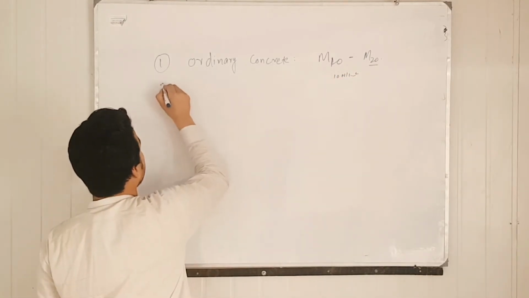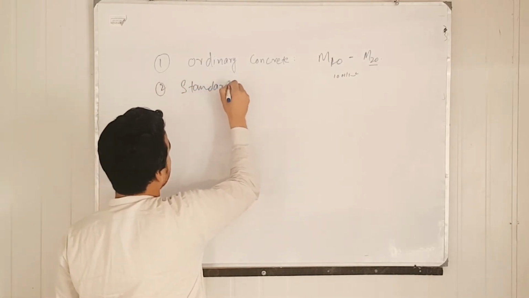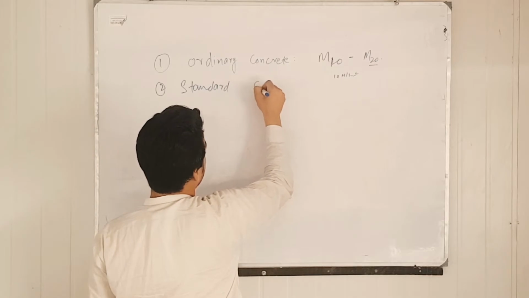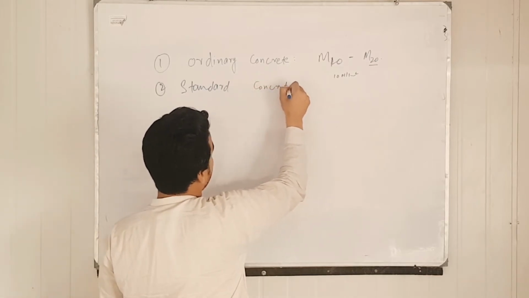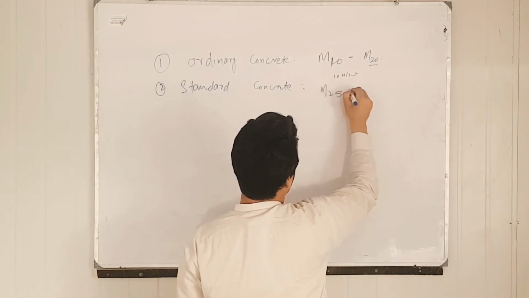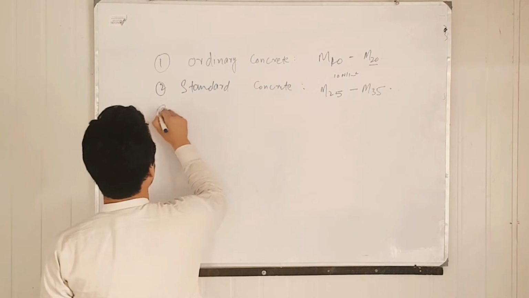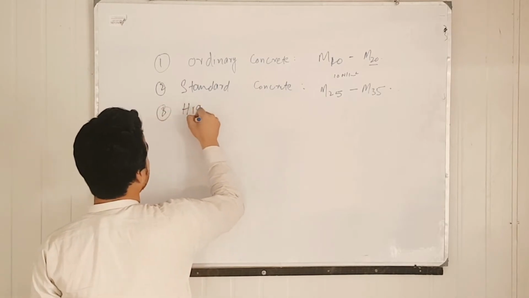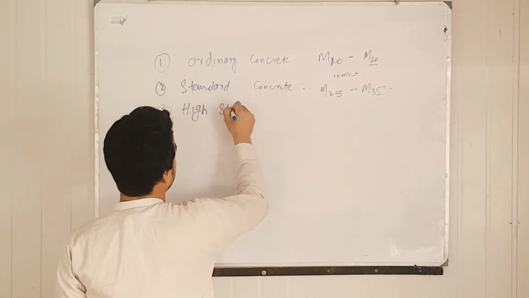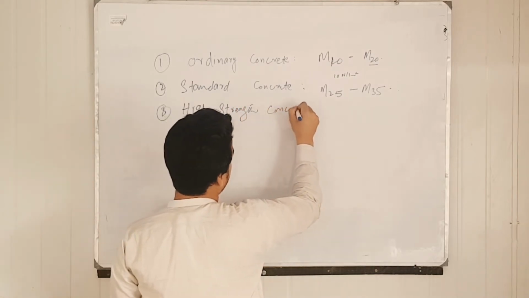The second one is standard concrete. Okay, so standard concrete is from M25 to M35, and then comes the third one, the high strength concrete.